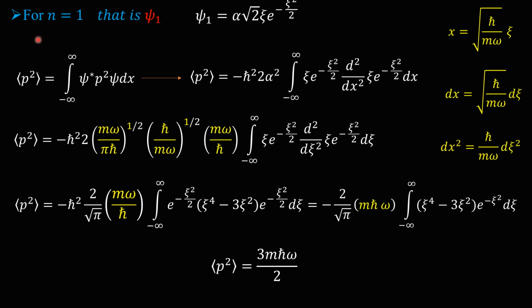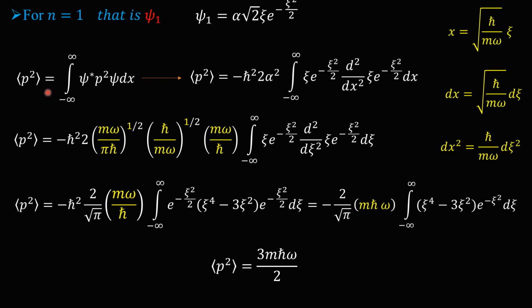Now we will find the expectation value of p squared for n equal to 1, that is wave function psi sub 1. As given in the problem, psi sub 1 is equal to alpha times square root of 2 z e power minus z squared by 2.